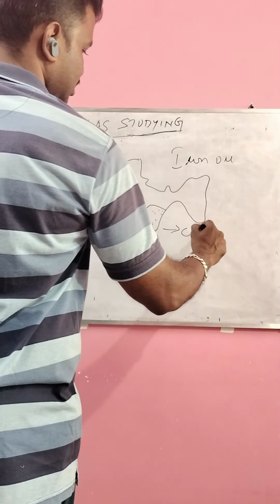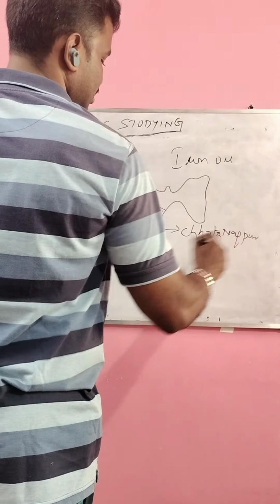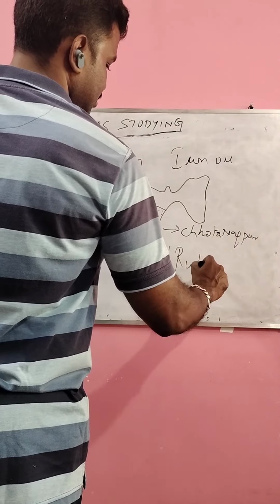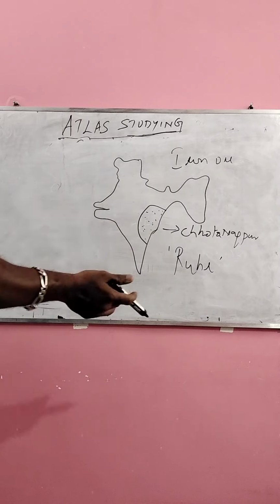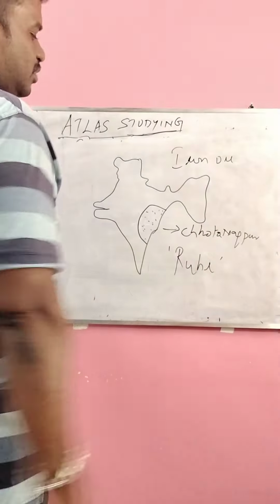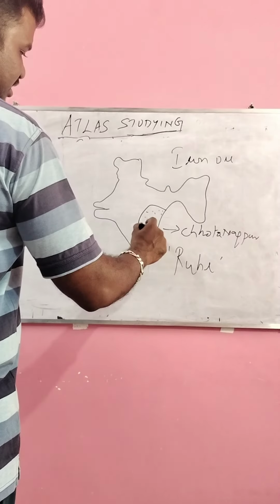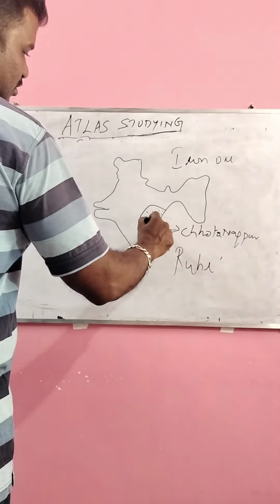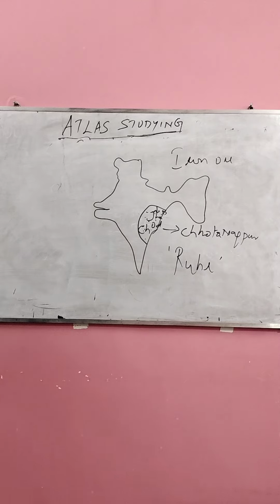This region is called the Chota Nagpur region. Ruhr of India. The Ruhr region originally belongs to Germany. It is an industrial belt. It had resources. The Ruhr of India is nothing but the eastern part of India, Chota Nagpur region. It encompasses states such as Chhattisgarh, Odisha, Jharkhand and parts of West Bengal.